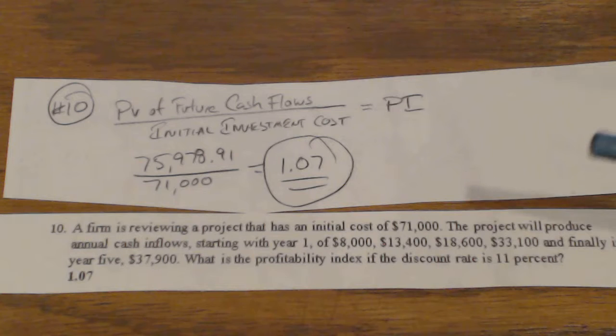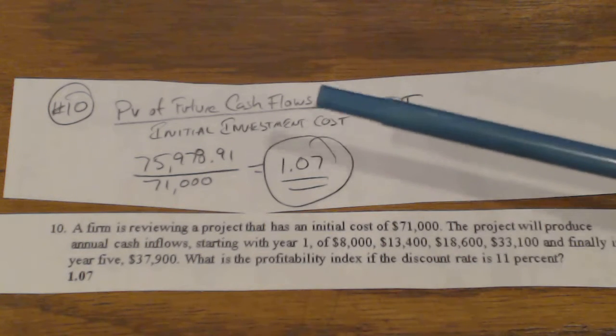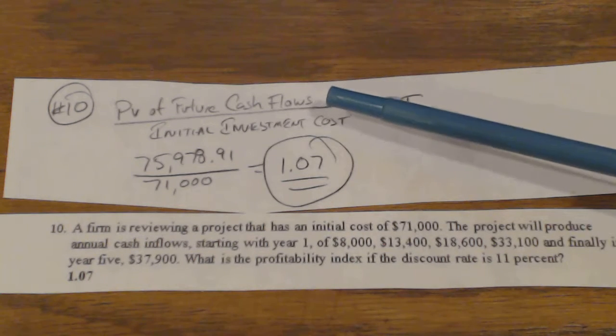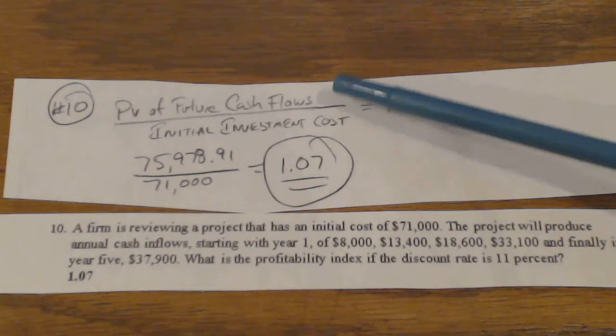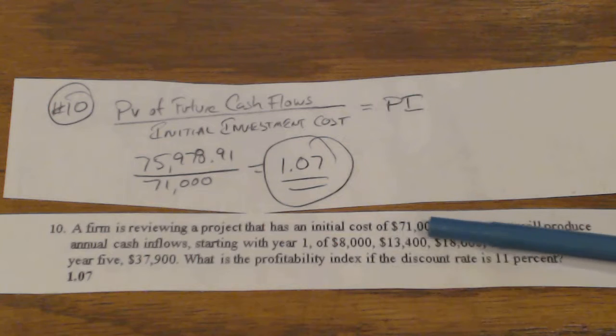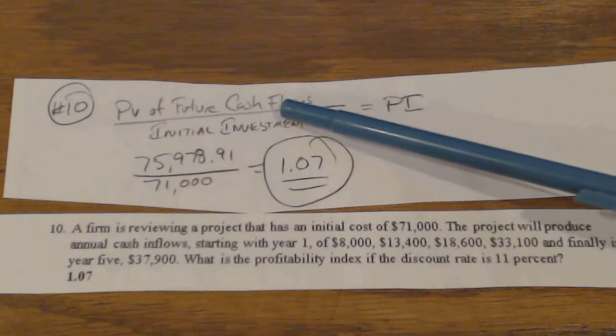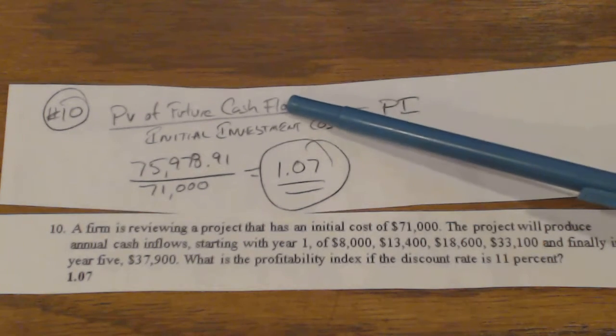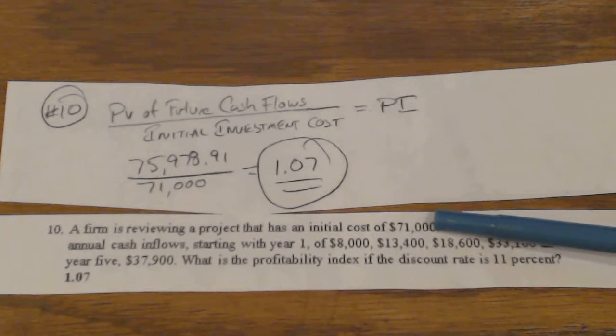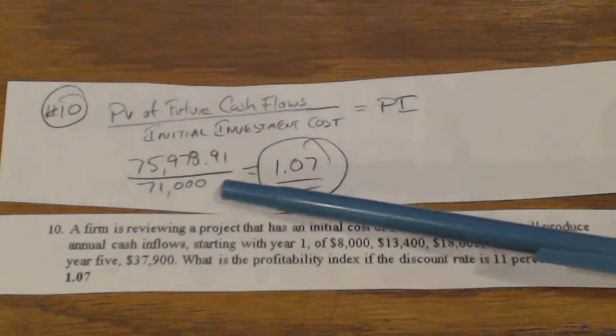The profitability index is basically just telling you the present value of the future cash flows, not the net present value, the present value. So you don't use this number in figuring out the net present value. You figure out the present value, but you still use this number. You just use this as a denominator.